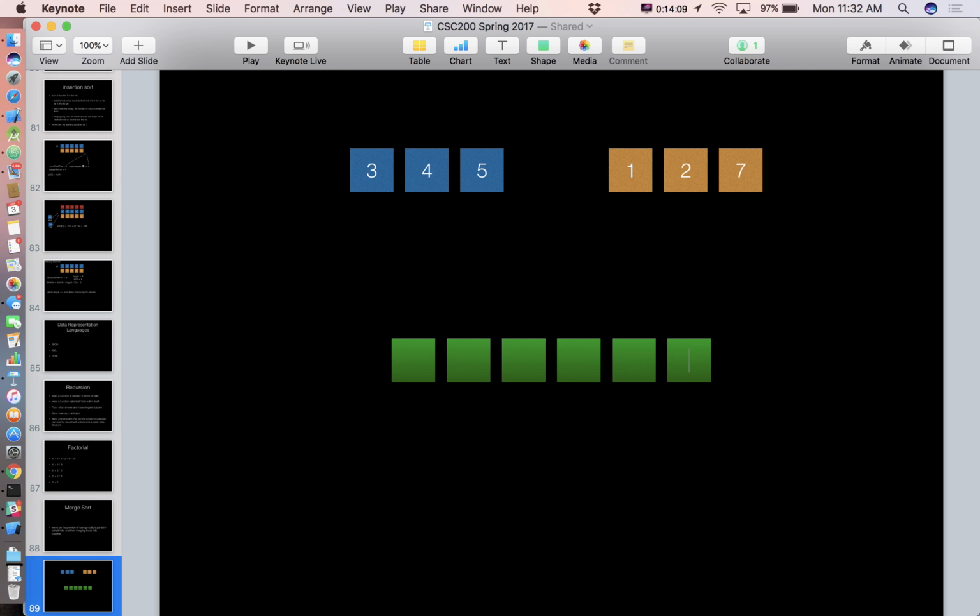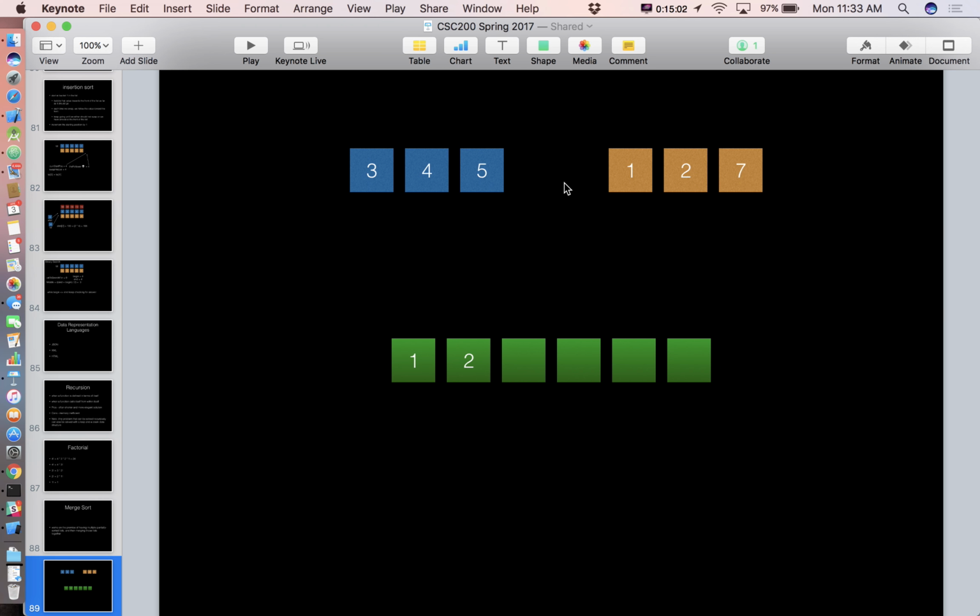The smallest number in this list is a 3. The smallest number in this list is a 1. Which should come first? A 1. So we deem the 1 the winner. There's our 1. Now, the smallest value in this list is a 3. We've already used the 1, so now the smallest number in the other list is a 2. Which should come first, a 2 or a 3? 2.